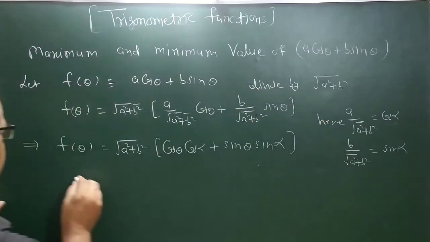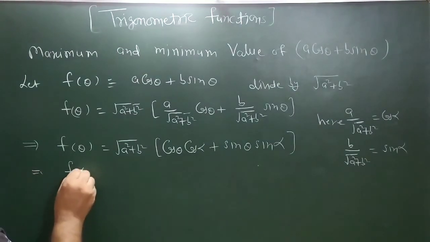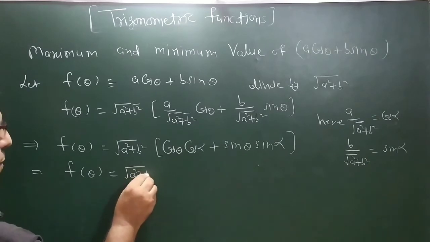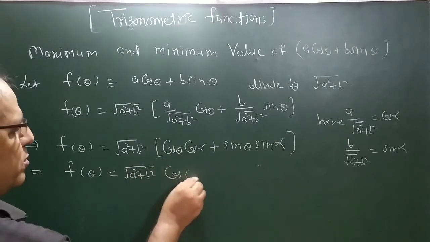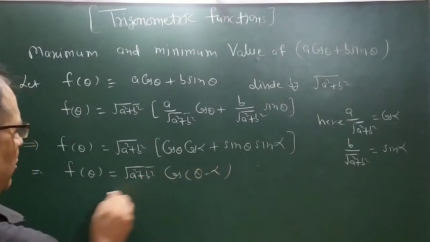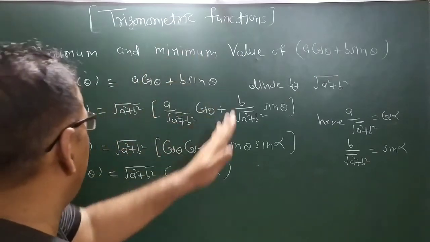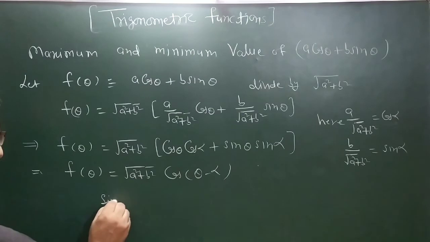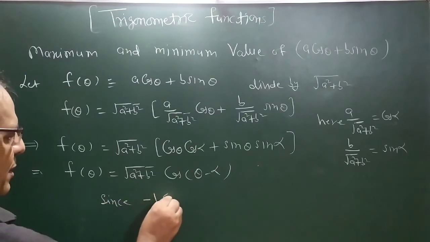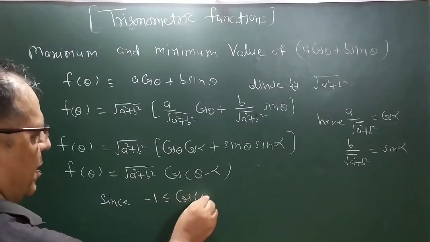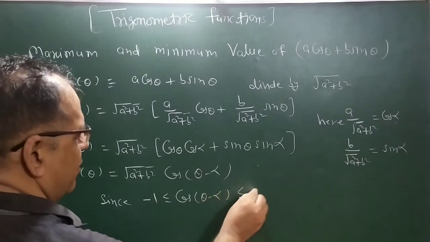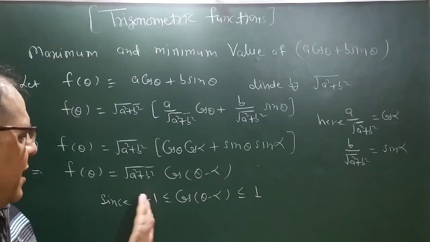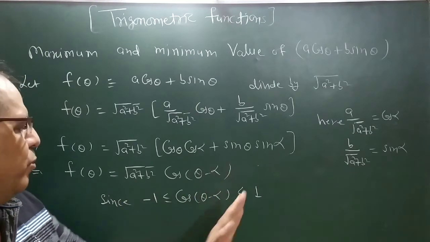Now in the next step this becomes f theta equal to under root of a square plus b square cos theta minus alpha. So now the whole trigonometric expression is in the form of only cos. Since for any angle, cos always lies from minus 1 to 1, minus 1 is less than or equal to cos theta minus alpha, which is less than or equal to 1.